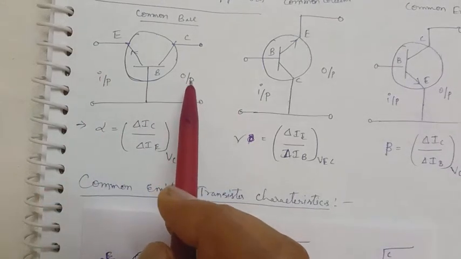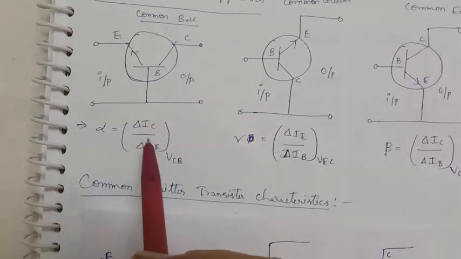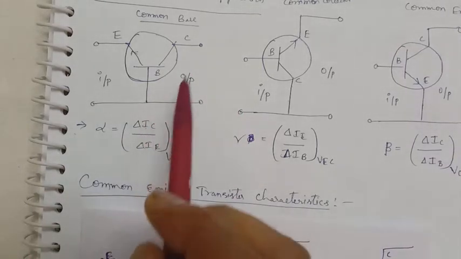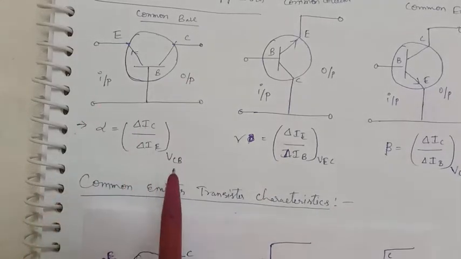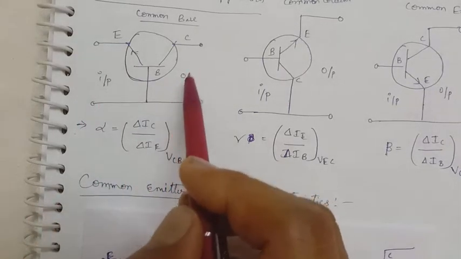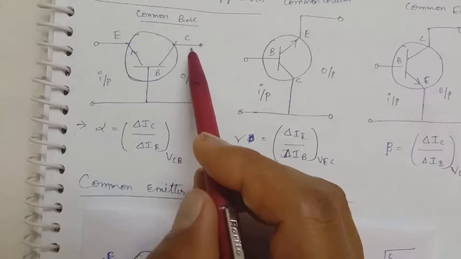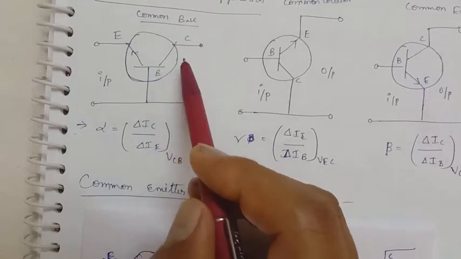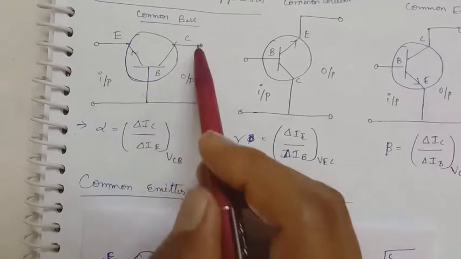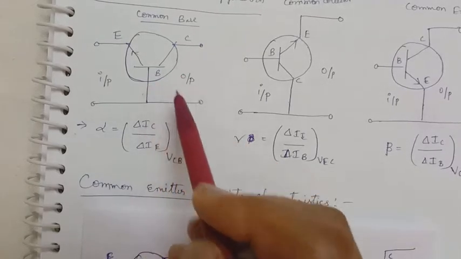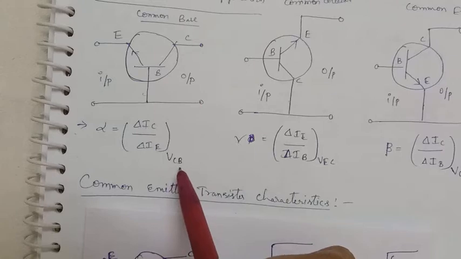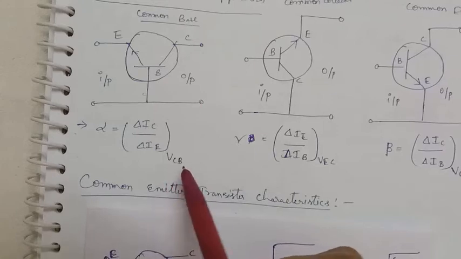It is the ratio of the change in collector current to the change in emitter current at constant output voltage, VCB, the voltage between the collector and base, at constant collector base voltage.